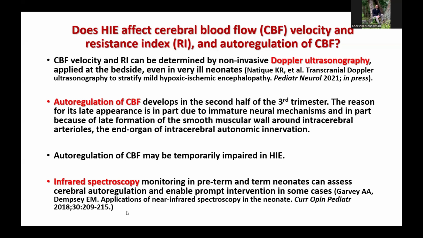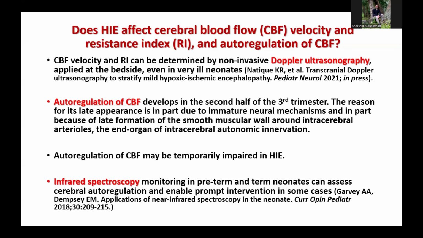And that may be in part due to immaturity in the nervous system innervation, but it's also due to immaturity in the development of the smooth muscular sheath that's forming around blood vessels, especially intracerebral arterioles, which are the end organ of autonomic innervation.